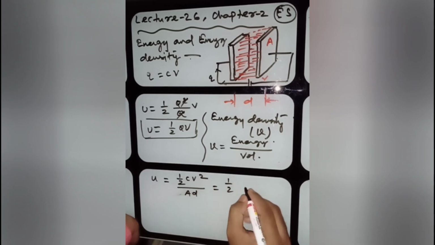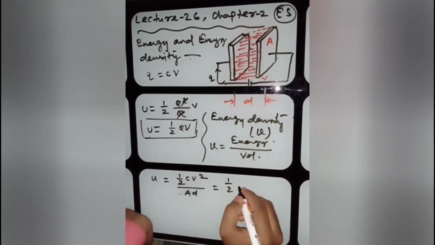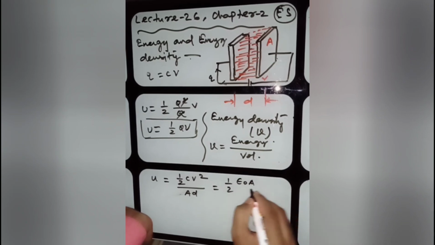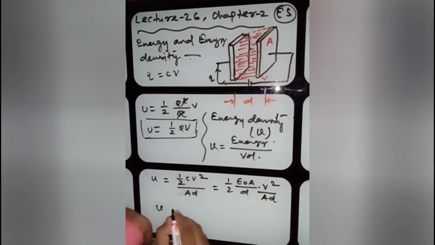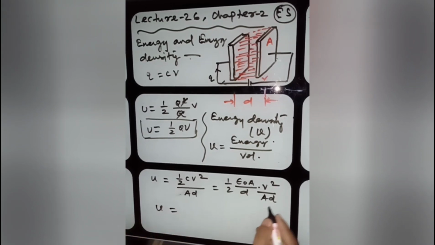Now for a parallel plate capacitor we know that C is epsilon naught A by d, into V square divided by A into d.